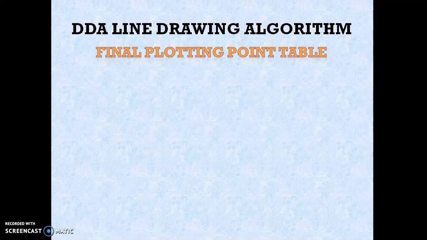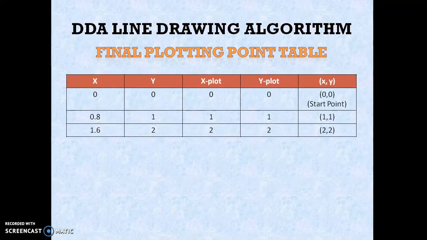Now we are putting these values into the floating table. So now x is equal to 1.6, y is equal to 2. Now we are rounding up the value of x. It becomes 2, y is equal to 2, and the final floating point is 2, 2.